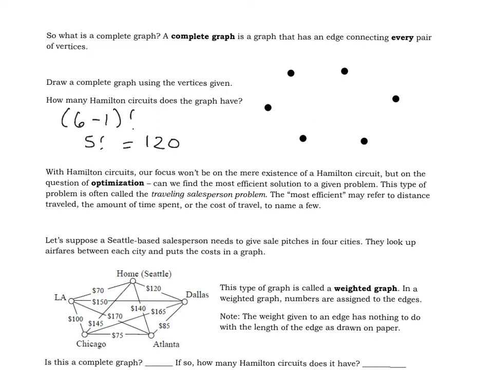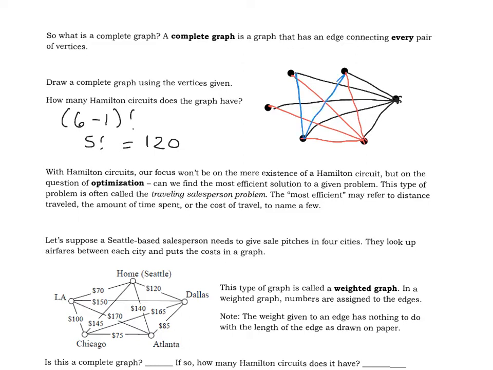So I'm going to go ahead and start drawing from this particular vertex, an edge to every vertex. Okay, then I'll start with this one. And then this one. And then this one.